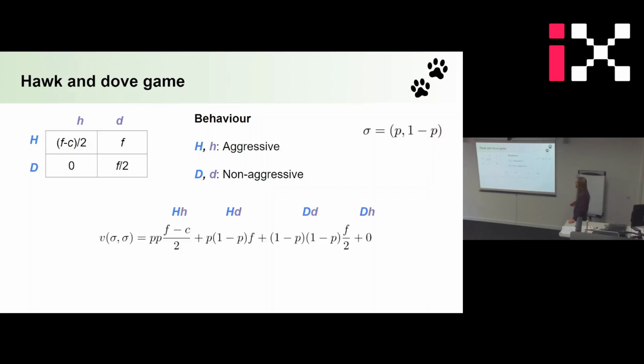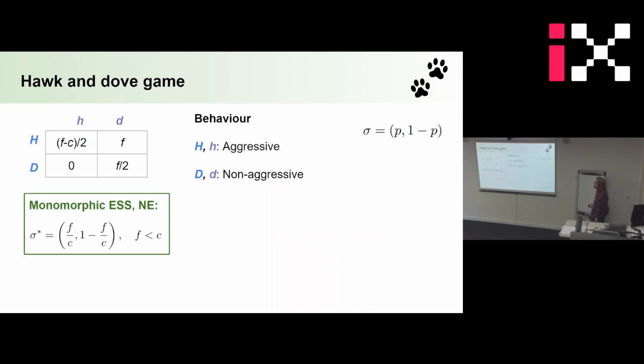So what you do is you write down the average payoff function, in this case for P, with the payoff of two hawks meeting and two doves meeting and so on. Now you just want to find the value for P that optimizes this. What you end up with is the stable setup: if you're getting more food than the injury, the answer is obvious.